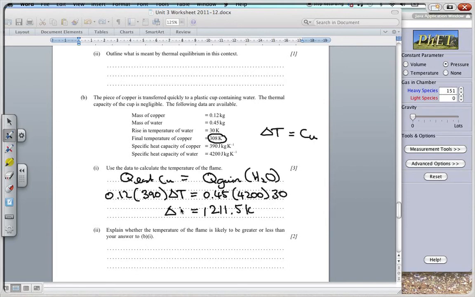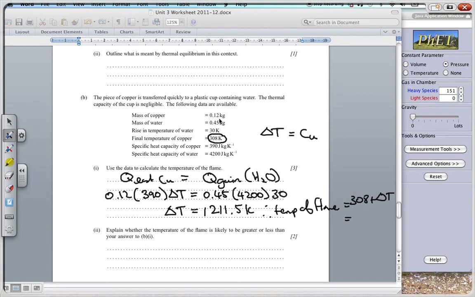That's our change in temperature. So therefore the temperature of the flame would equal this 308 plus this change in temperature over here.